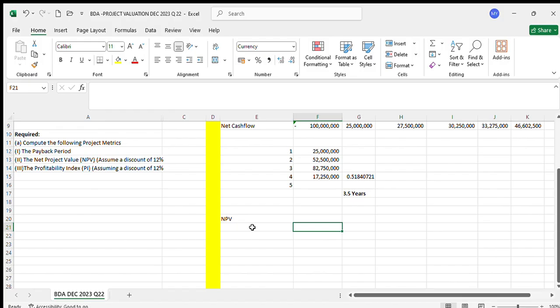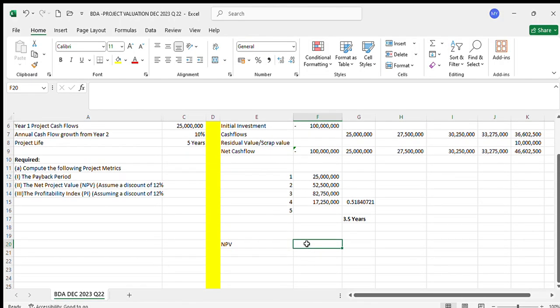Remember, due to inflation and other risk factors, you find that the worth of the money you have today, if it's 1,000, it will not be the same 1,000 value in the near future. So you want to discount, and Excel has a formula on how to do the NPV. Just write equals to NPV, this formula here.